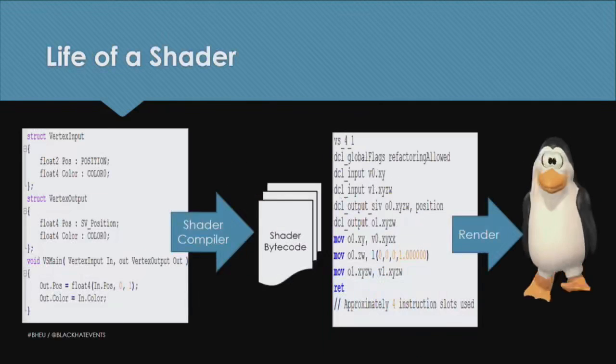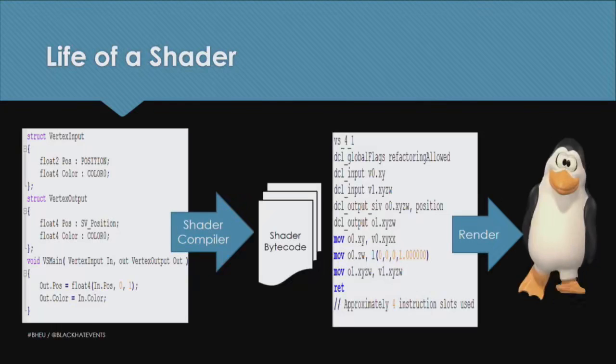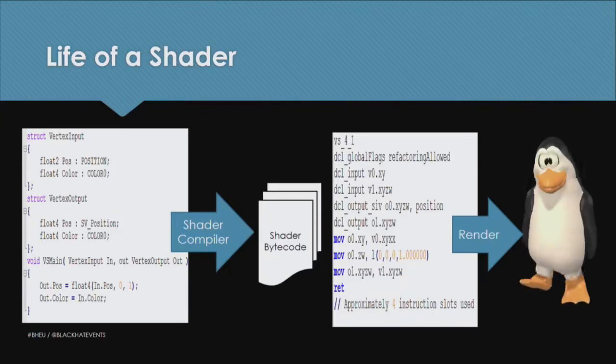Now let's talk about the life of a shader. As we already said, shaders are usually written in HLSL, the High-Level Shading Language, which looks something like this. In Direct3D version 9, shaders were allowed to be written in intermediate assembly language, but from Direct3D 10, it is mandatory to write the shader in HLSL. Once the shader is compiled using Direct3D APIs, what we get is shader bytecode.